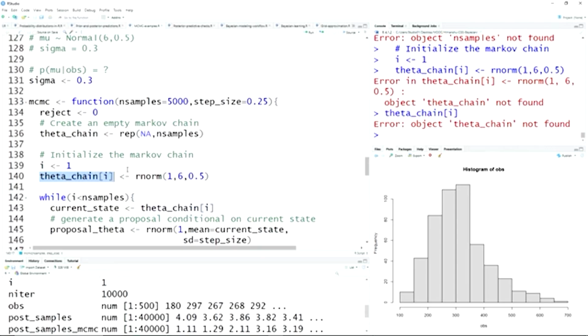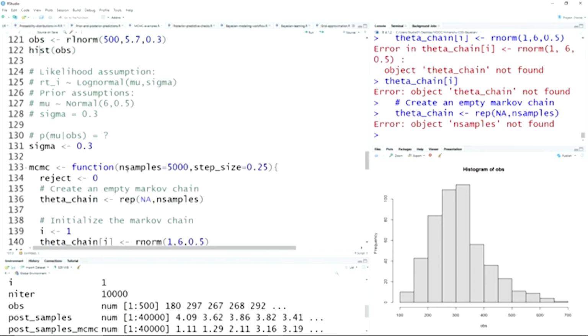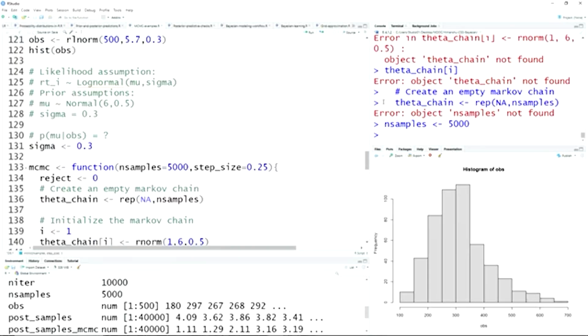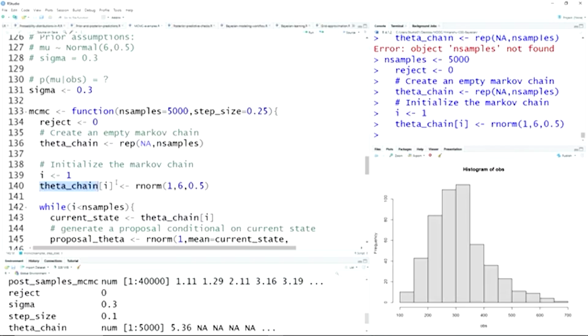So, okay, number of samples not found. So let me just say number of samples is 5,000. Okay, so now I created an empty theta chain, and now I created the current state of the chain.